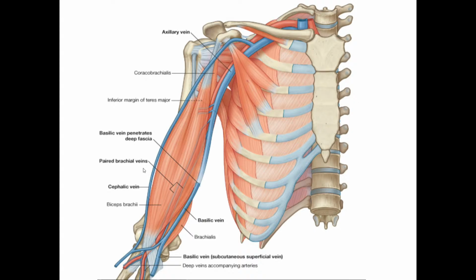So together it is giving us the venous blood circulation. Also, our basilic vein has its own paired brachial veins, and these are more deeply located, as you see here. It is below the teres major muscle. Underneath would be the more correct word here. Is it clear? Okay.